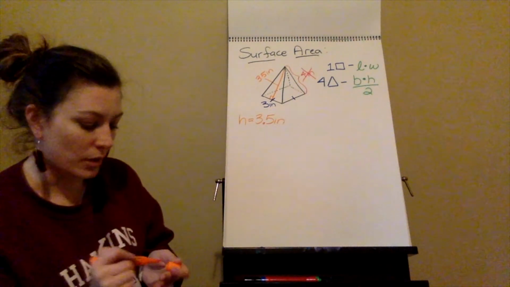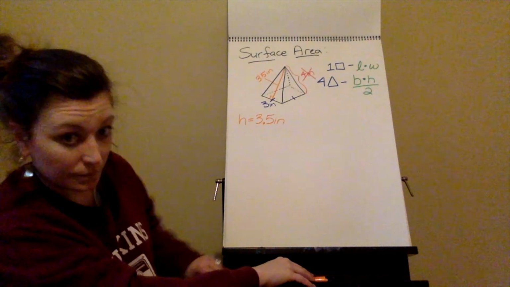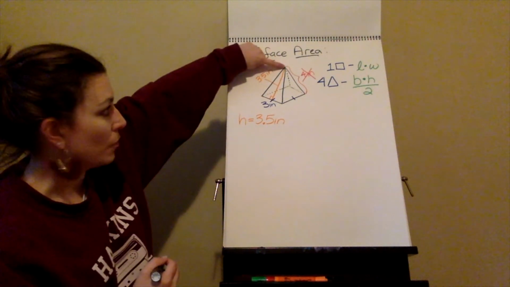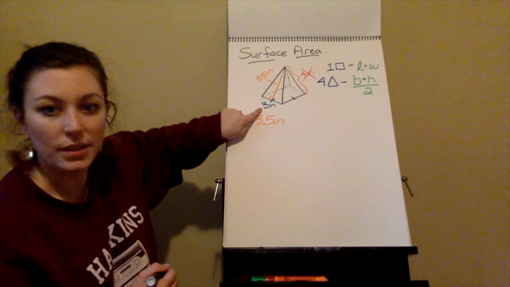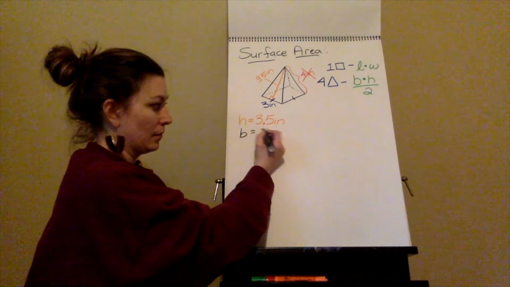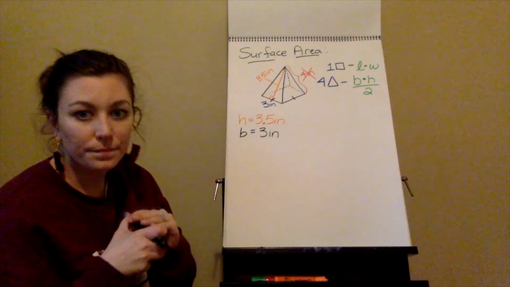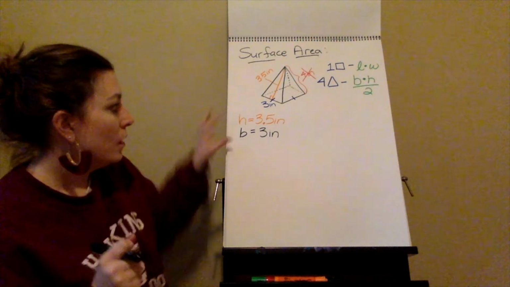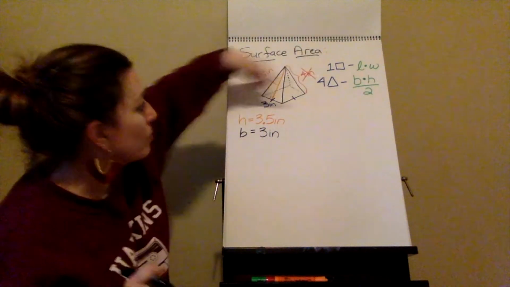What's the base going to be? So remember I said that the height is perpendicular to the base. What is this base? 3 inches. Good job. So I'm starting right here with my 4 triangles.